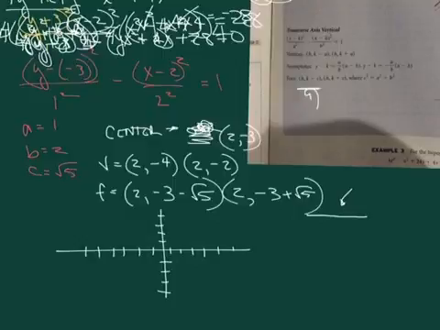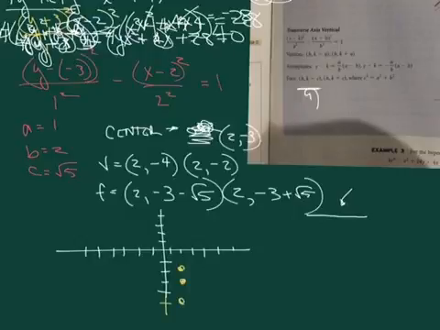My center is at 2, -3. So there's my center. My vertex is at 2, -4, and 2, -2. Okay, so 2, -2, 2, -4.